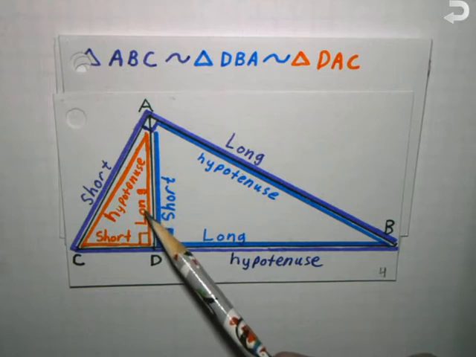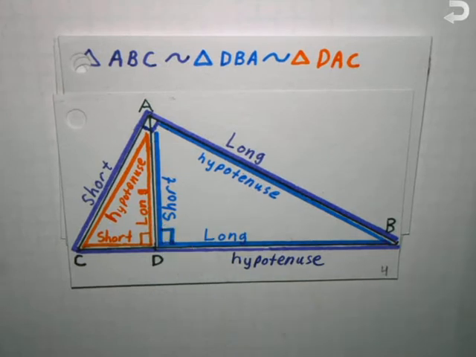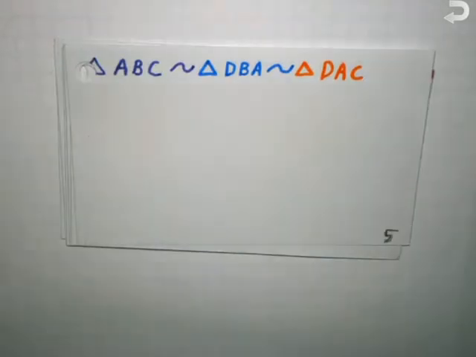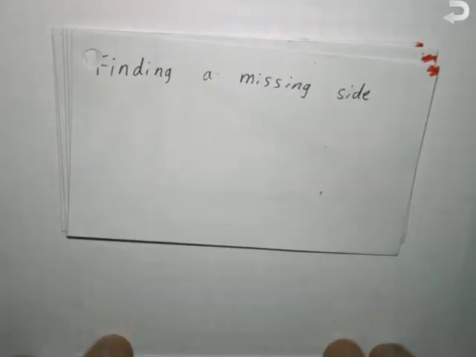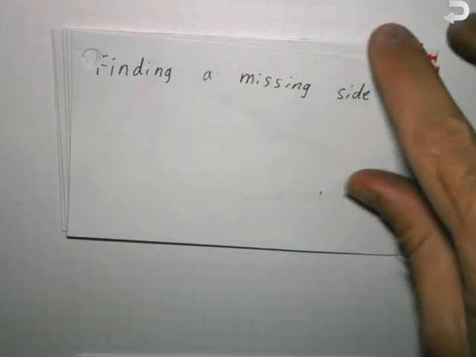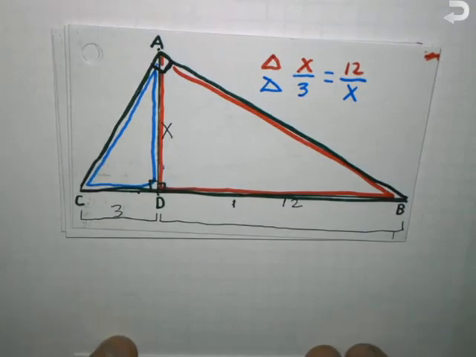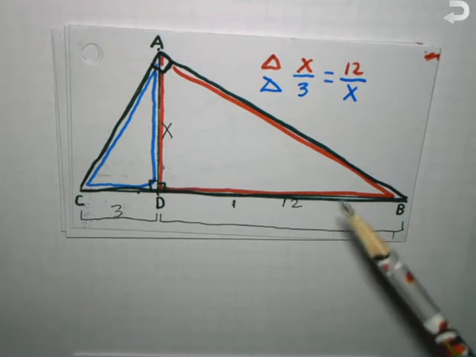Finding a missing side. This is what seems to be giving most of the students some trouble. You will start off with just this outline. Once you draw in your triangles, then you have to determine how to set up your ratios.